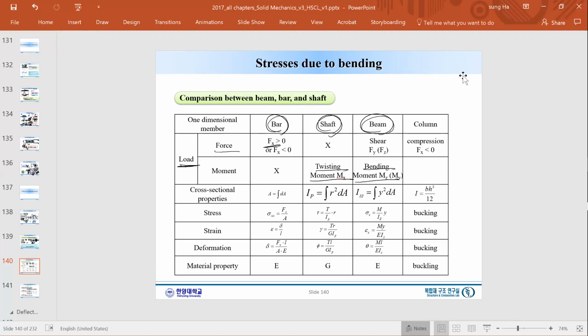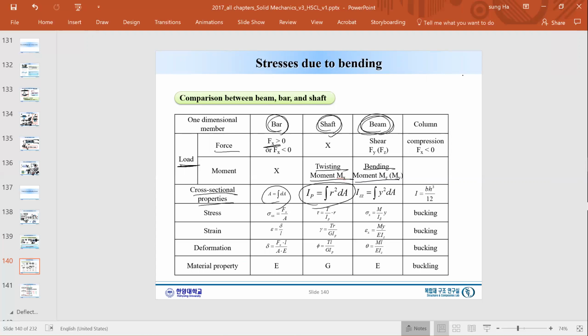And the cross-sectional property, as we observed in studying the bar and shaft: for the bar, it is simply the integration of dA. For the shaft, the cross-sectional property is the polar moment of inertia.